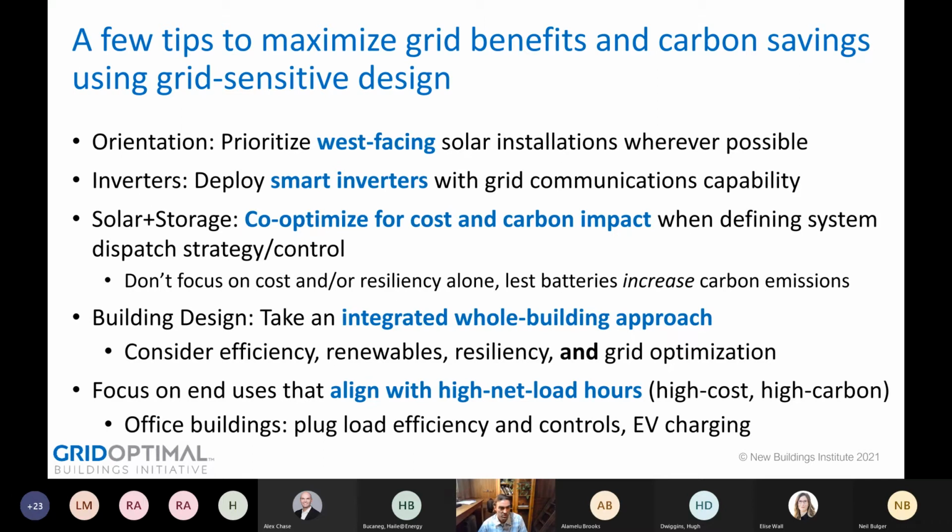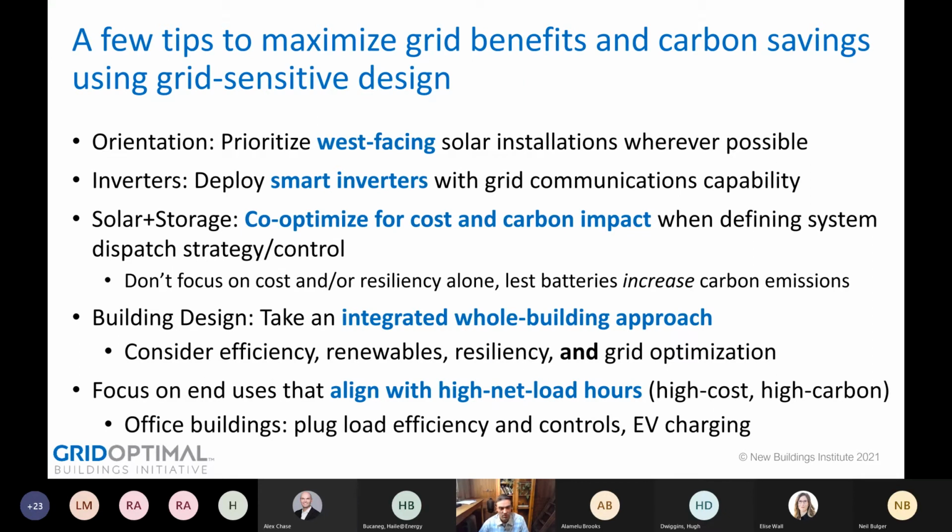And that applies to DER, distributed energy resources, like solar plus storage. It also applies to the building design itself in terms of core efficiency, passive strategies, mechanical system efficiency, renewables, et cetera, right? So trying to take into account all of these things up front, at least to some extent, setting a target on each has proven to be pretty important.